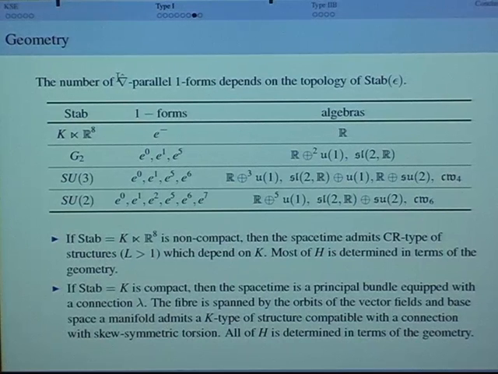In the compact case, the space-time is a principal bundle equipped with a natural connection, lambda, and the fibers are the orbits of the vector fields associated with these forms. And the base space admits a K type of structure compatible with a connection with skew-symmetric torsion. And all of H is determined in terms of the geometry.